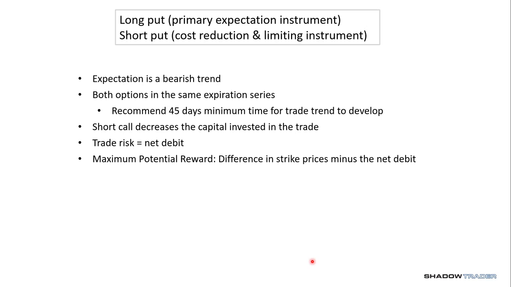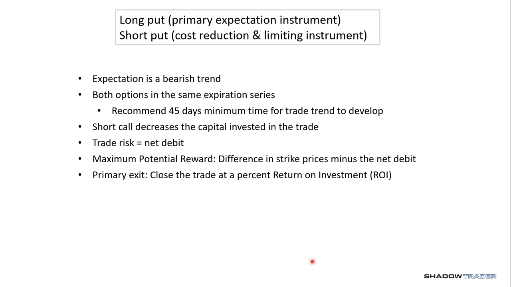Our maximum potential return is the difference in the two strikes minus the net debit. I have a 100 put, I have a 95 put, and I paid $2 for it. The difference is $5. I paid $2, so I have a maximum potential reward in that example of $3.